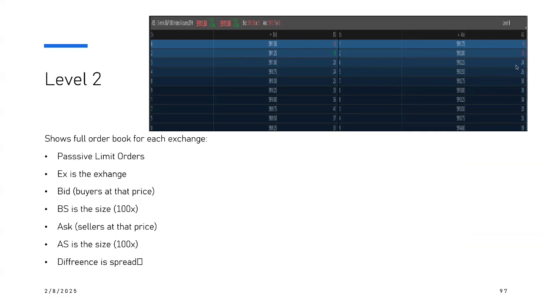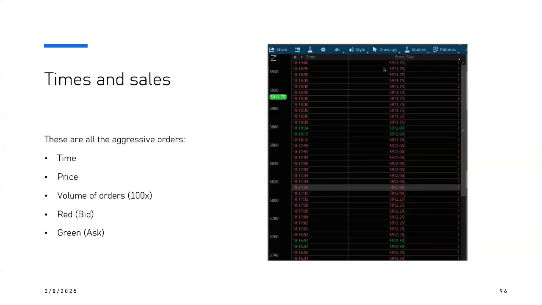Sometimes the numbers will go crazy here, and that's what you're really looking at for level two. You see 100 size, which is actually times 100, on this ask size. As we come in, you see 100 offer there, but when you look at the time and sales, you see the aggressive buy orders, which are the offers hitting the ask, the green ones, die out.